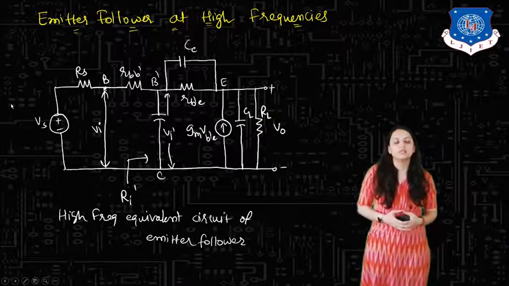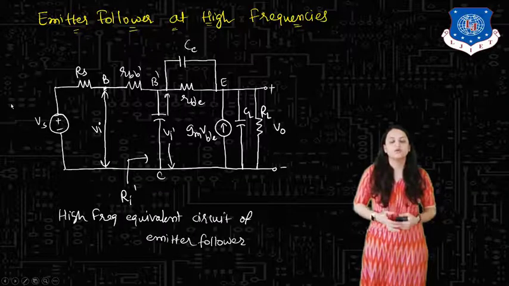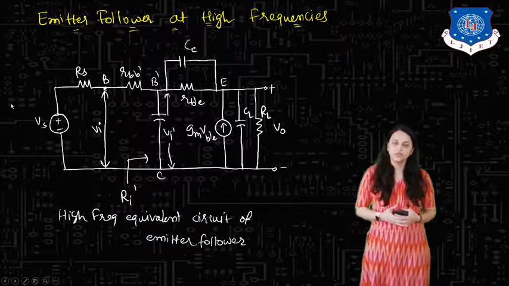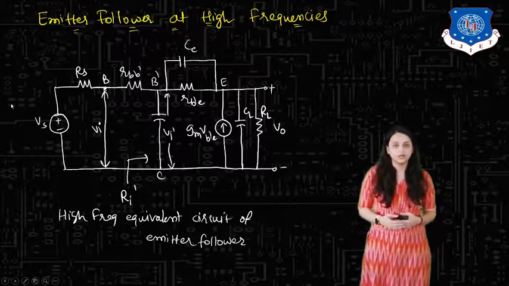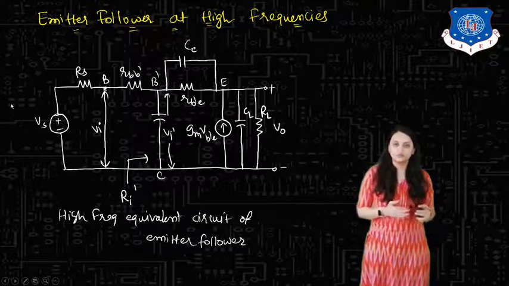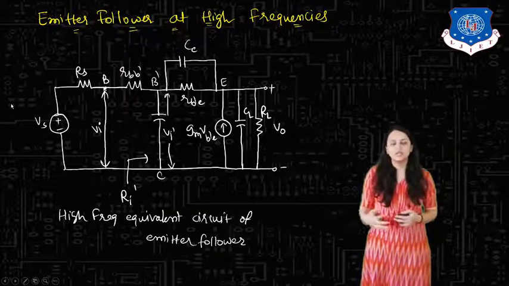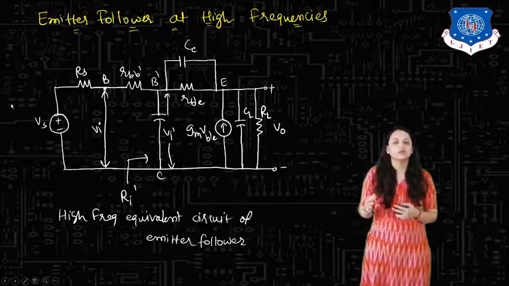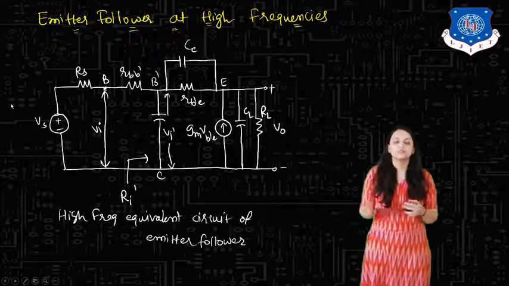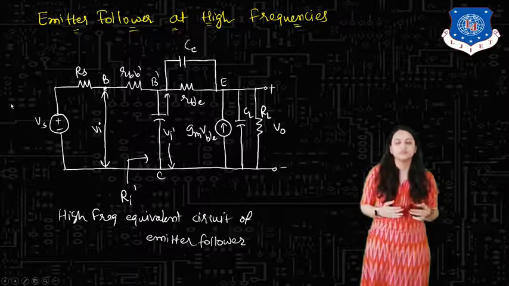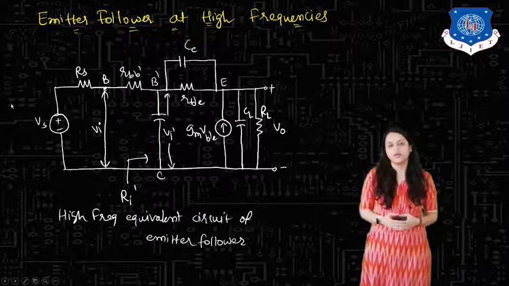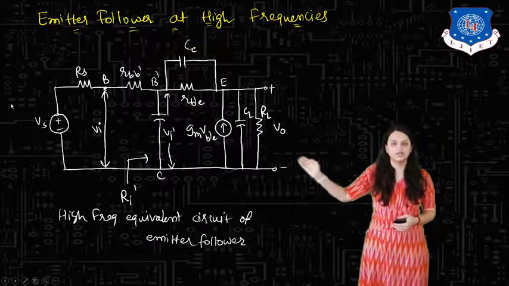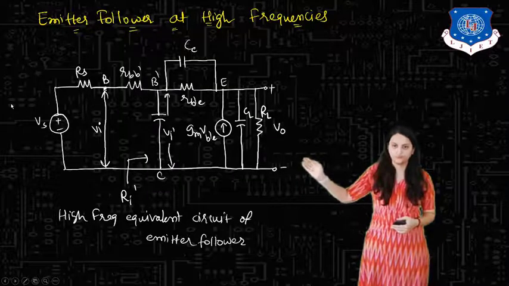Now let us see the next, that is the emitter follower at high frequencies. Till now we have seen the GBW product, that is the gain bandwidth product, and we have obtained the values for GBW for voltage gain and GBW for current gain. In this, the high frequency equivalent circuit of the emitter follower is shown.